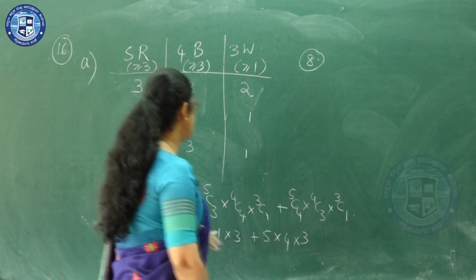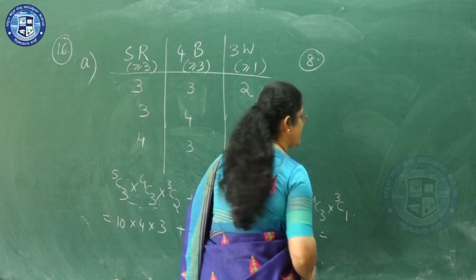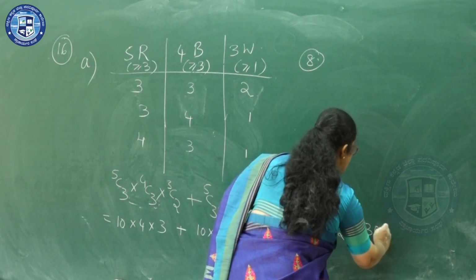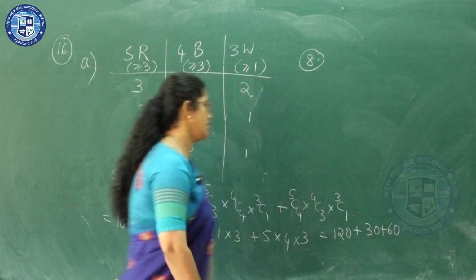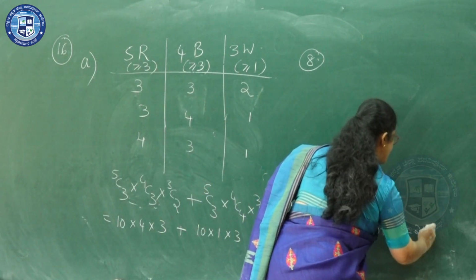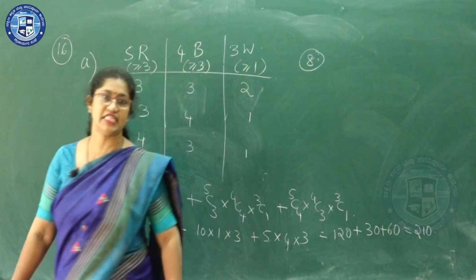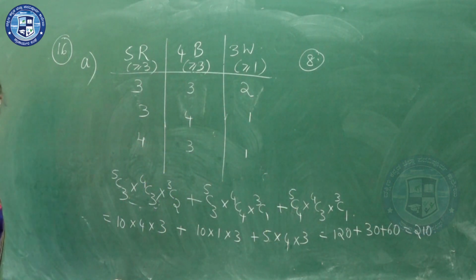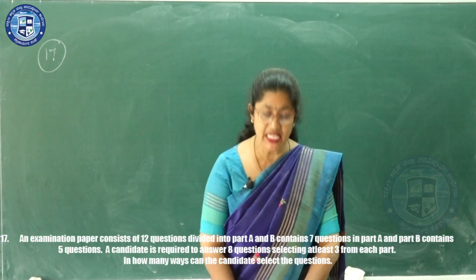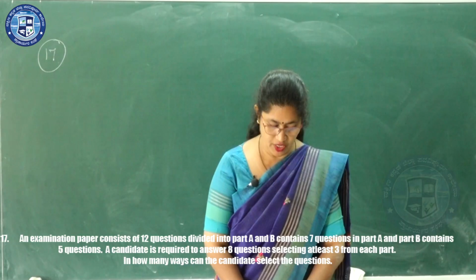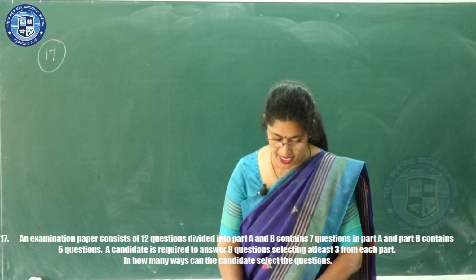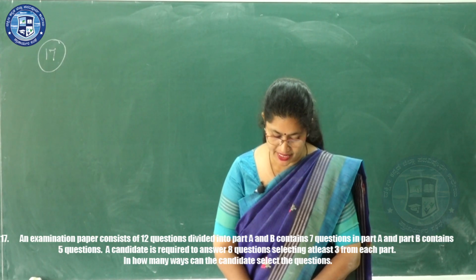So if I do these calculations, this will give me 120 plus 30 plus 60, and adding them, it is equal to 210. Total selections is 210.